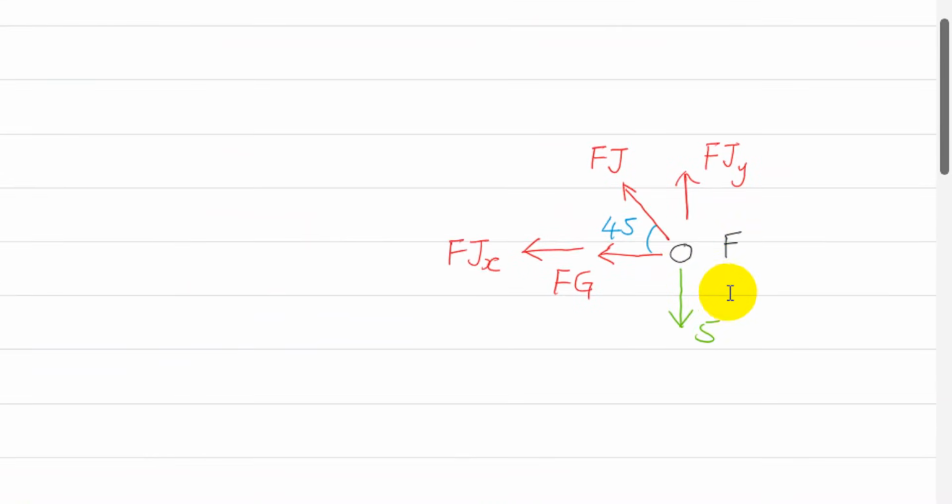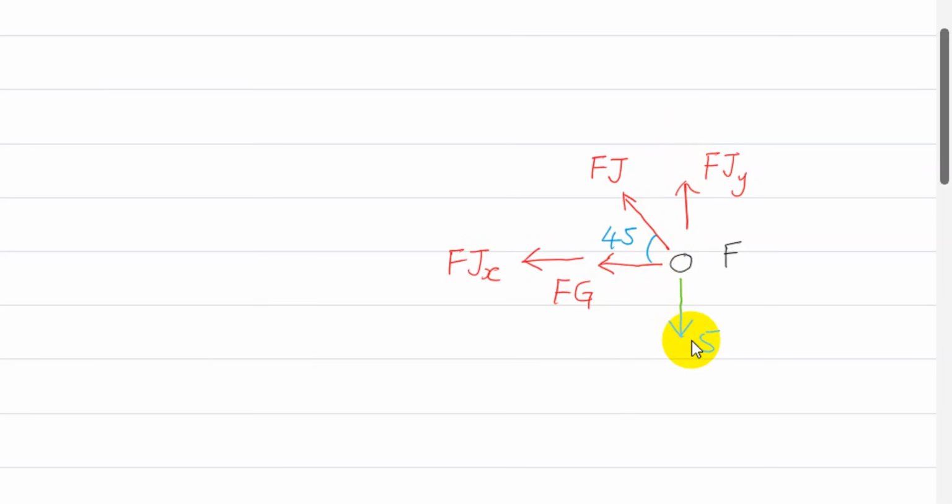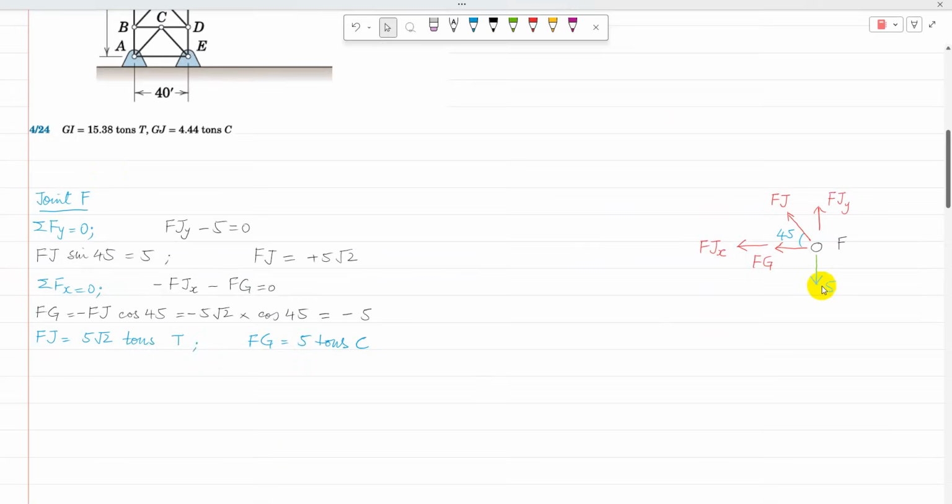In the free body diagram of joint F, FJ is resolved into components FJy and FJx. There is only one unknown in the vertical direction, so I'm going to apply sigma Fy equal to 0 first. So FJy minus 5 is equal to 0.